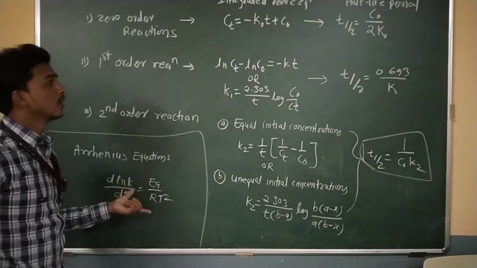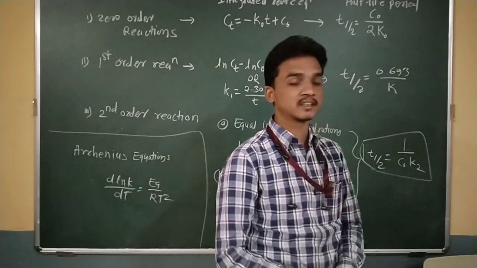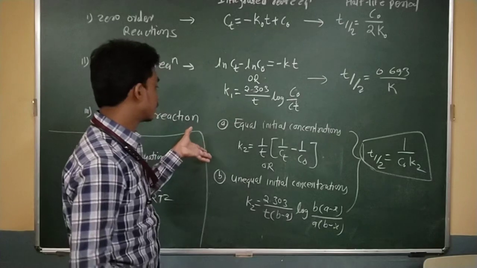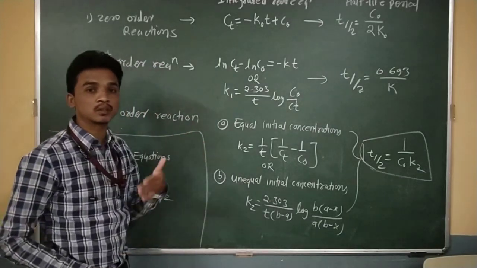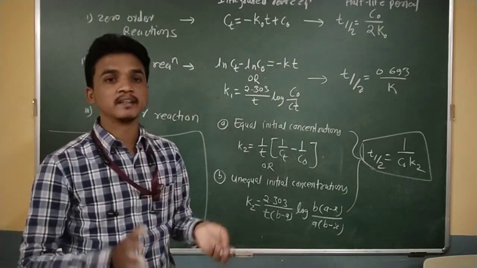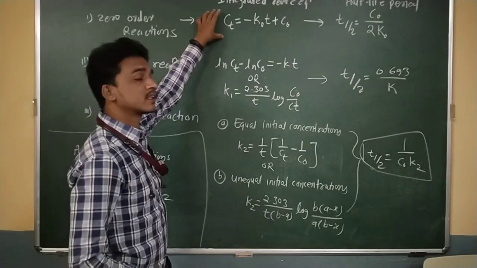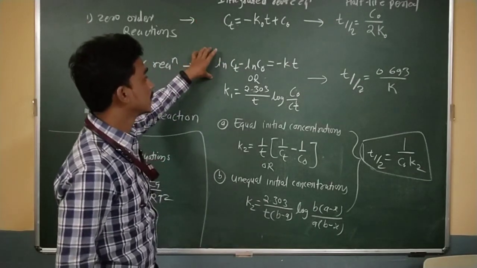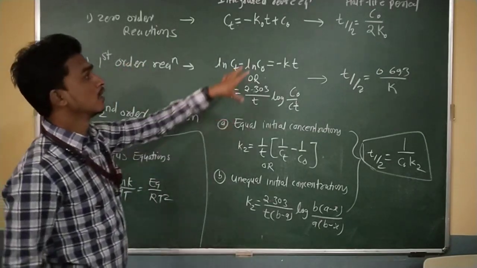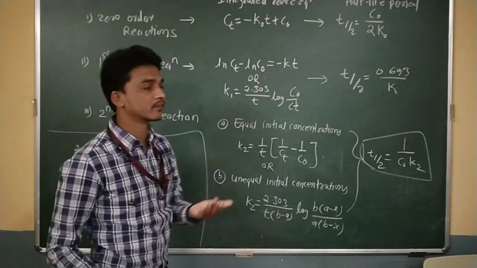Graphical method is there. So all these things are related to chemical kinetics, and all the chemical kinetics topics included in our syllabus I have covered. So all these things you have noted down in your notebook. And the most important thing is that you may be asked derivations for the zero order reactions, for the first order reactions, for the second order reactions, or the half life period of zero, first or second order reactions.